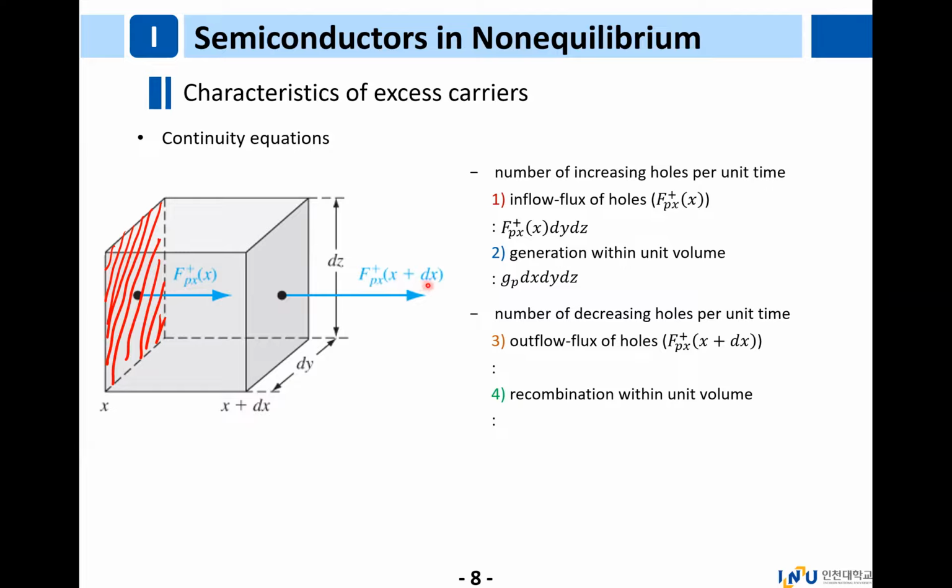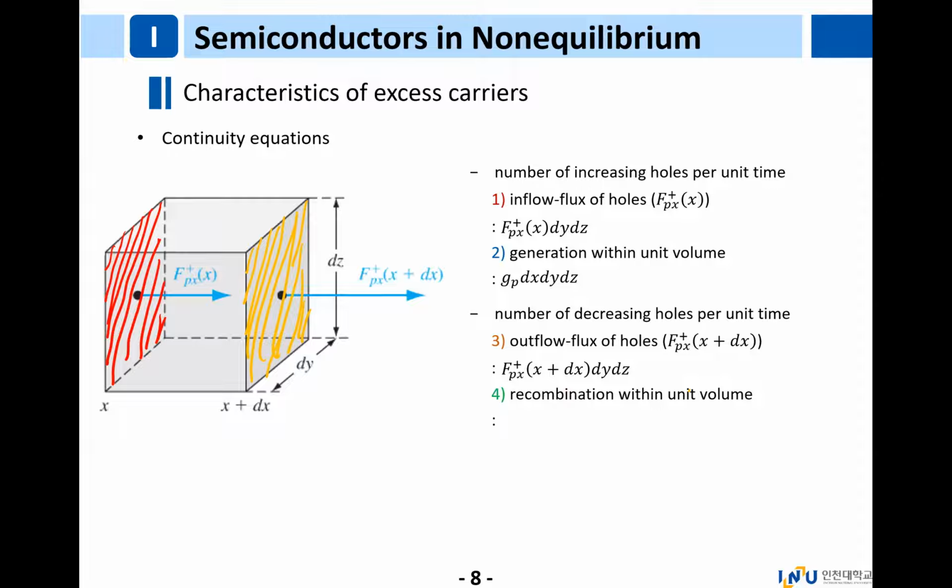So F at x plus dx represents the hole flux at the x plus dx location. The number of holes flowing out of the unit volume per unit time is given by F at x plus dx times dy dz, considering the hole flux multiplied by the cross-sectional area dy dz at the x plus dx location.